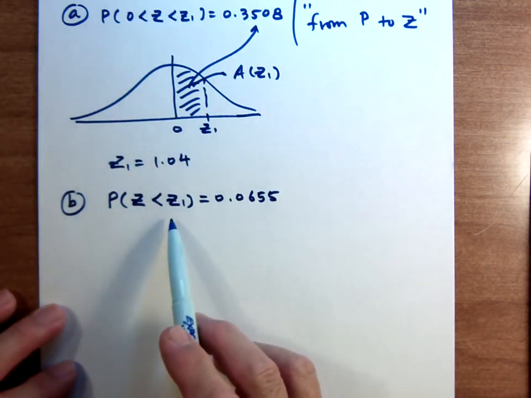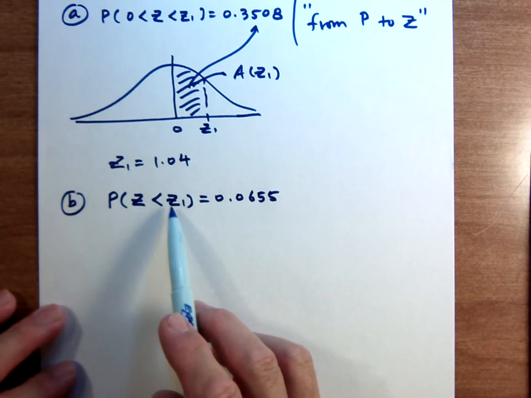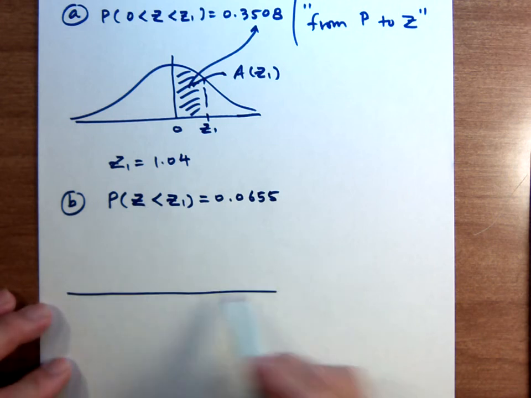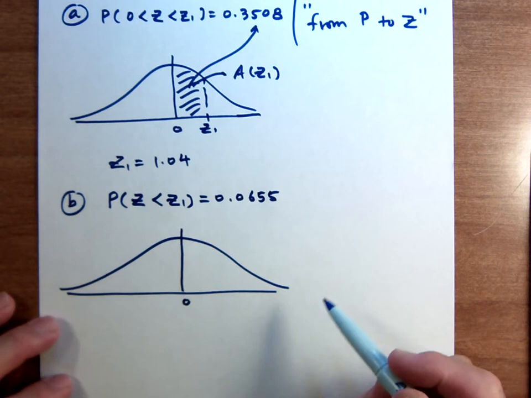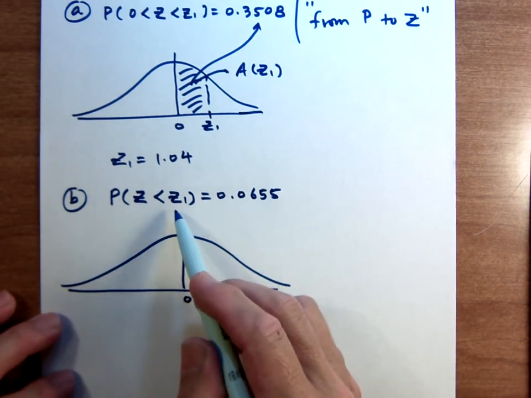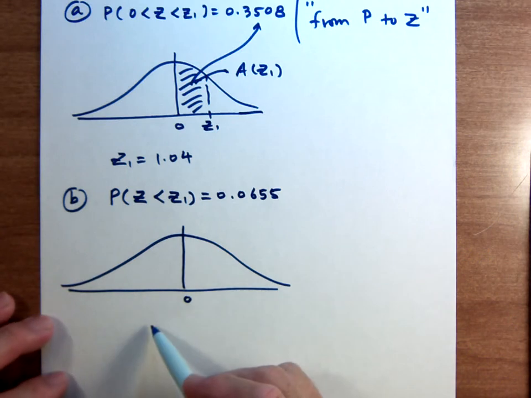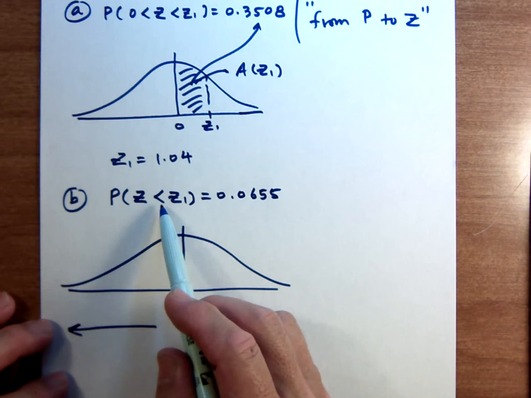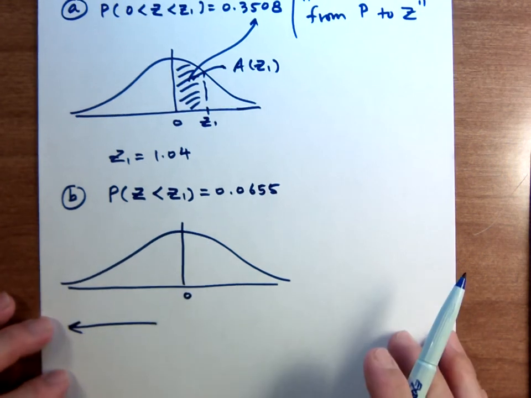Here, is z1 positive or negative? All we know is that z1 is larger than all the z's that we are dealing with. Wherever z1 is, whether negative or positive, we are going in this direction because of this inequality symbol. We are not going to the right side, we're going to the left.